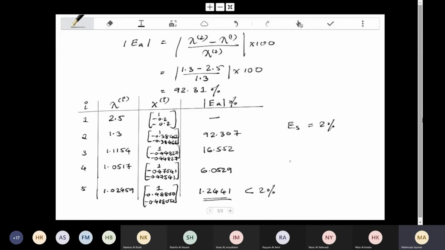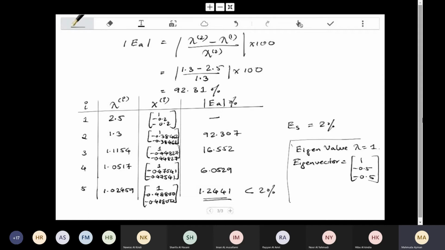Now the exact solution to this matrix is: the eigenvalue lambda is exactly 1, and the eigenvector is 1, minus 0.5, and minus 0.5.